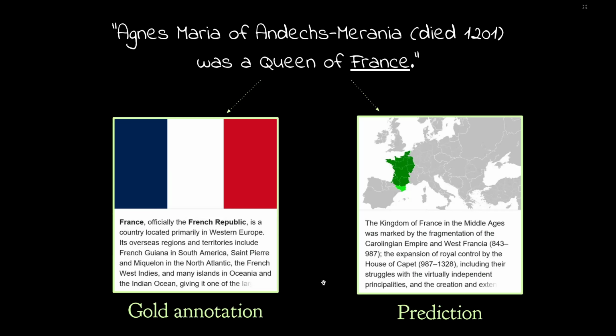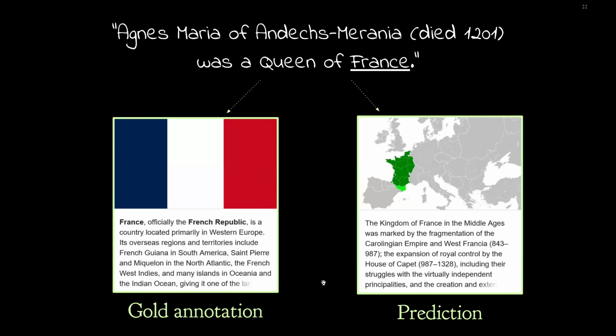Here the sentence talks about a certain person, Agnes Maria, who died in 1201, and she was Queen of France. The gold annotation on Wikipedia links France to the current country, France, in Western Europe. But the actual prediction that the machine learning model made, this entity linking algorithm, was a page that also exists on Wikipedia about the Kingdom of France in the Middle Ages.